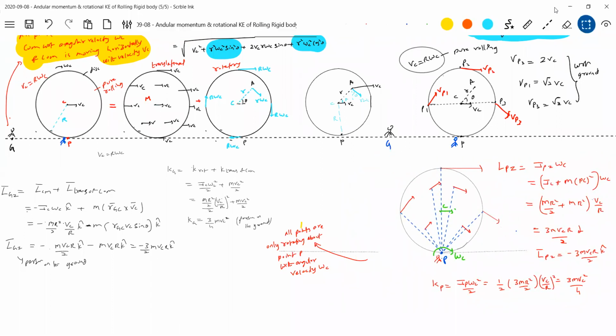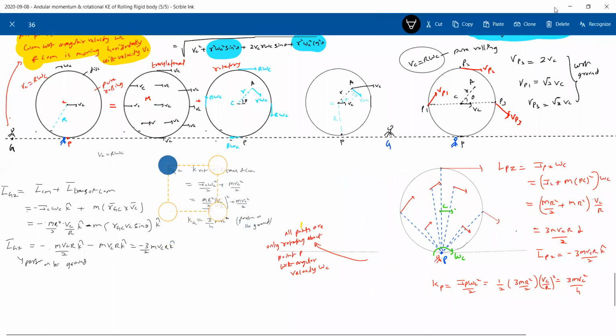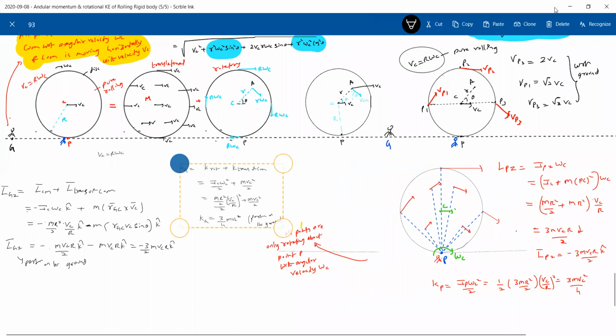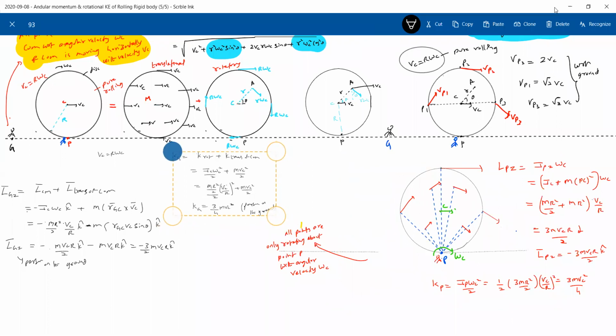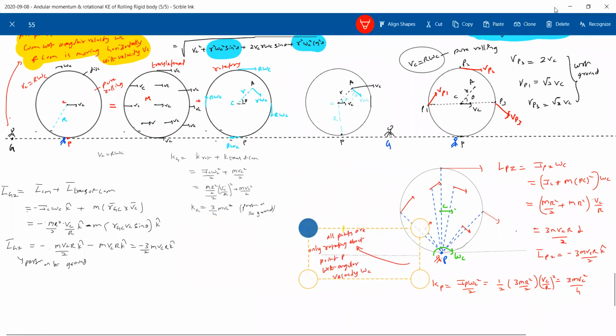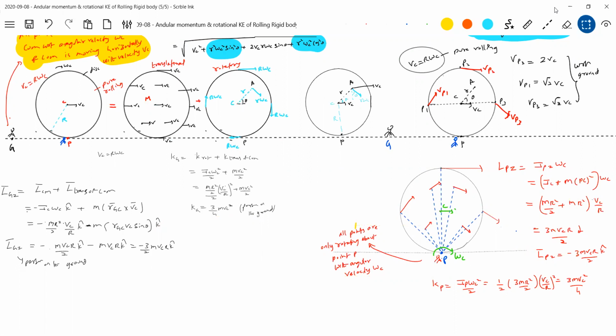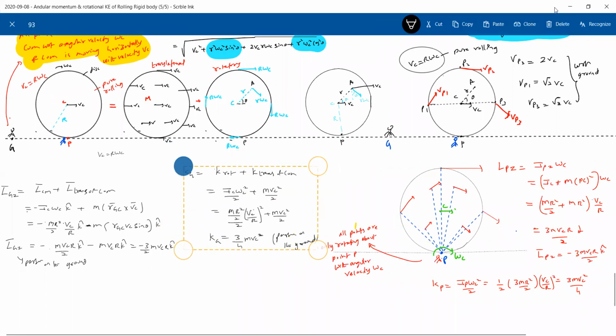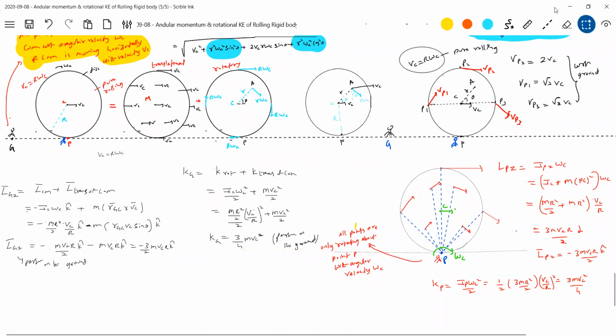This is very important. This is the heart of, you can say, the rolling motion. I think everything is visible for you. Clearly see that the total discussion is what I just brought on the screen.